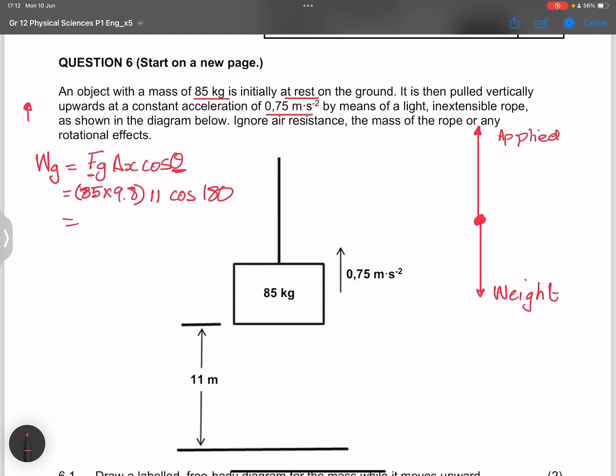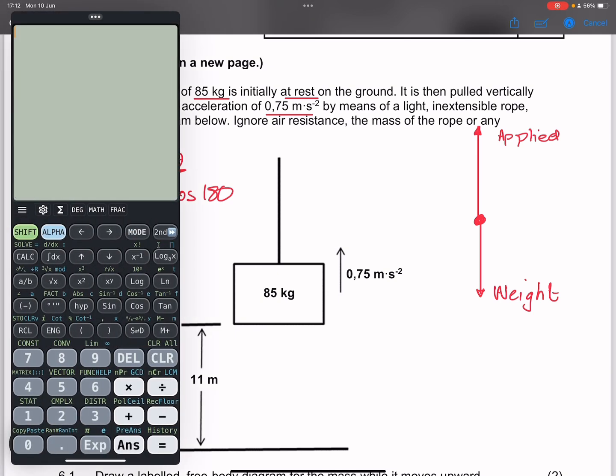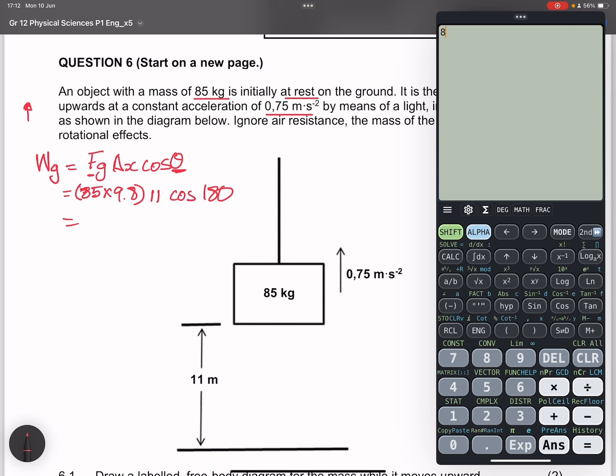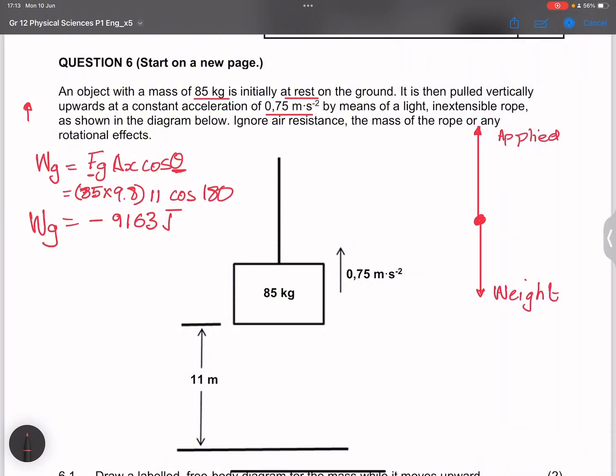Okay, so let's calculate that. So that's 85 times 9.8 times 11 times the cos of 180. Of course, that makes it negative, right? So the work done by gravity is negative 9163 joules.